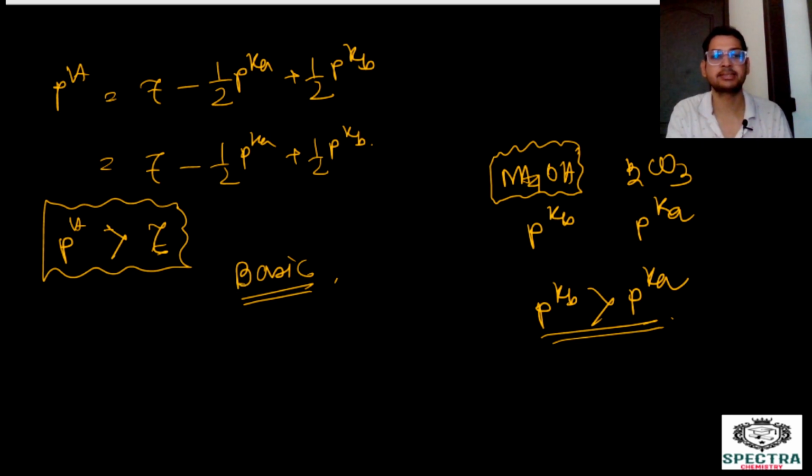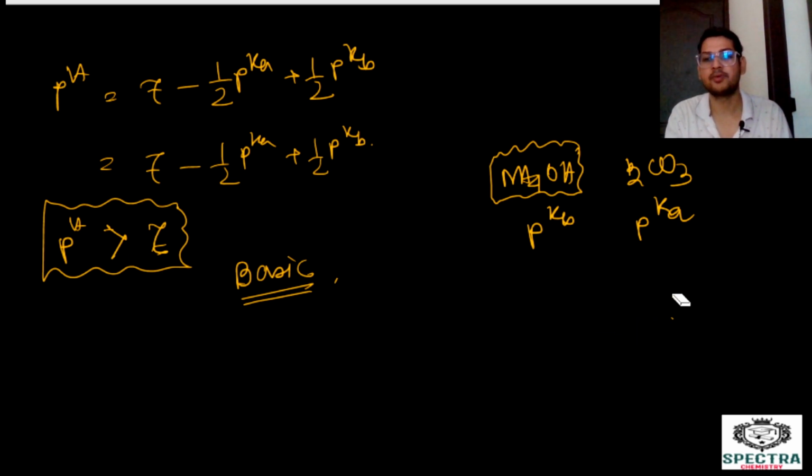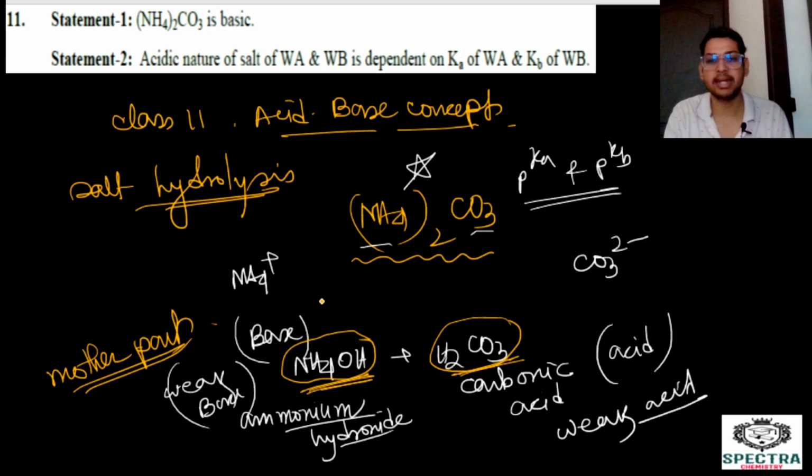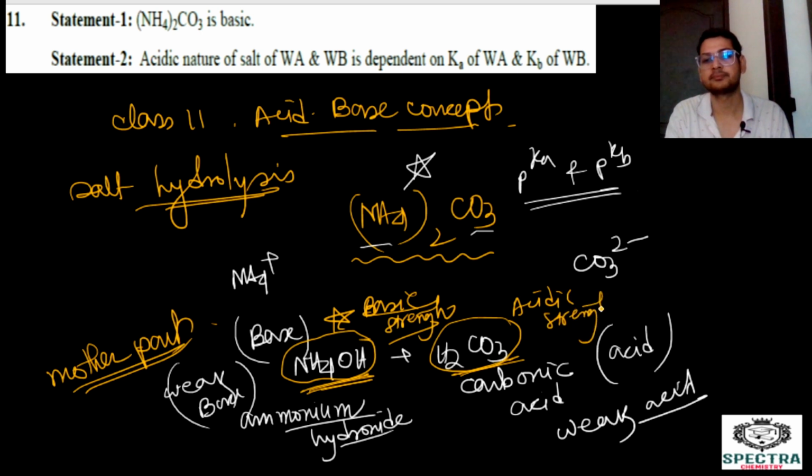Here I have written this thing wrong. Give me a moment. Okay, yes, these values I cannot compare without seeing the exact values. So what I can say is that NH4OH's basic strength is more than the acidic strength of H2CO3.